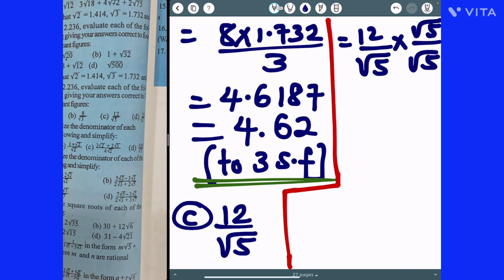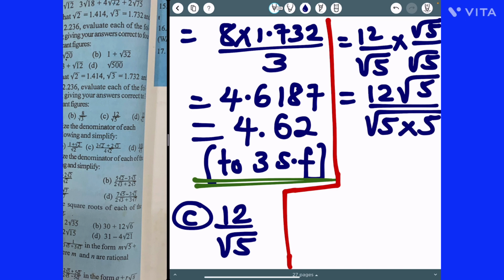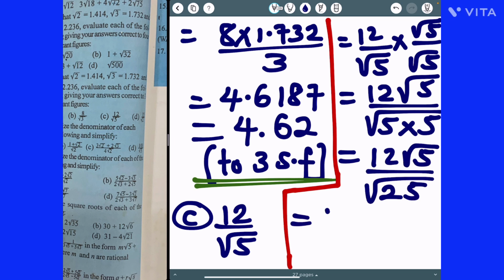What I'm doing here is rationalization. That gives me 12 root 5 over root 25, and root 25 is 5. So 12 root 5 over 5.